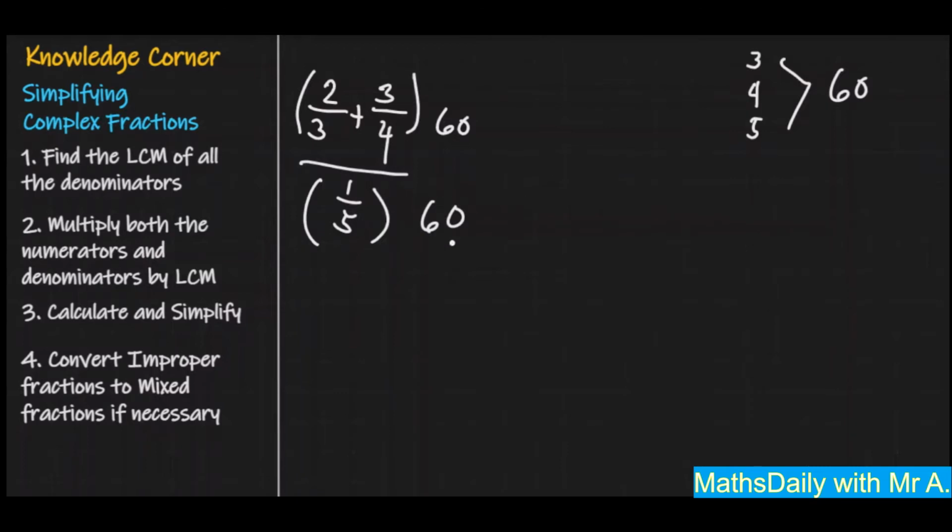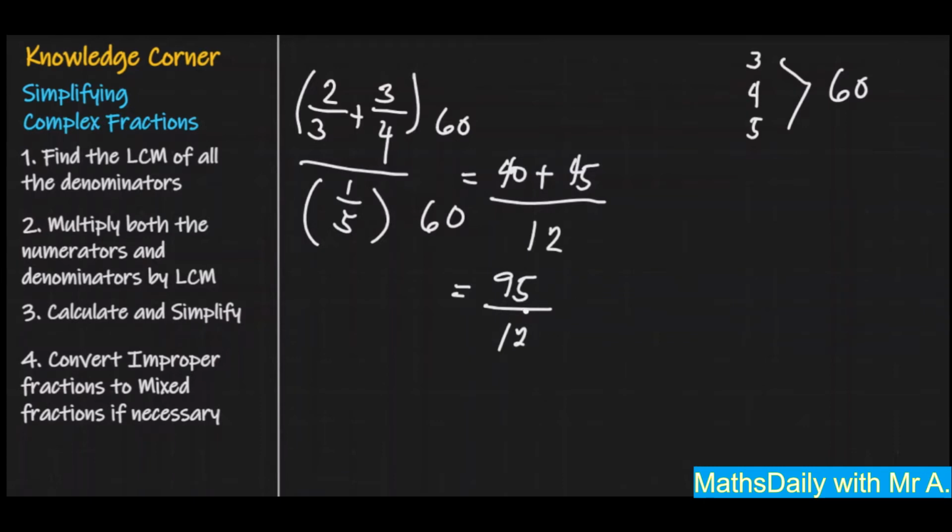Now let's simplify. 60 times 2 is 120 divided by 3 is 40, plus 60 times 3 is 180 divided by 4 is 45, over 60 times 1 is 60 divided by 5 is 12. Let's calculate. 40 plus 45 equals 95 over 12.